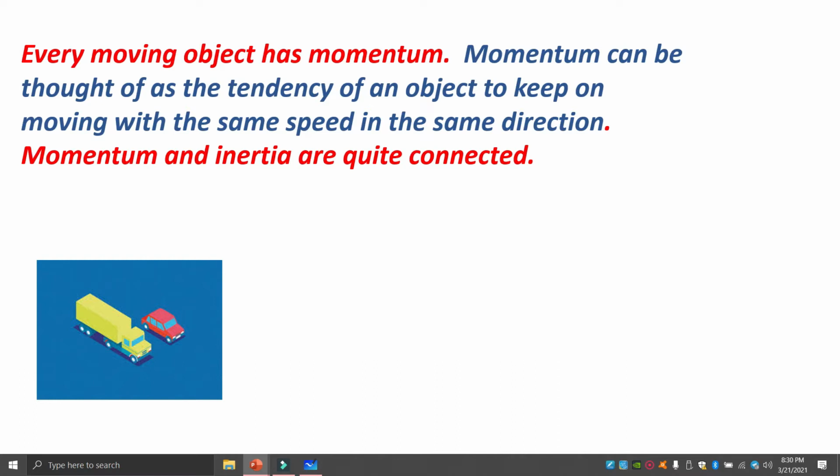High mass, high inertia, and for the momentum, high mass, high momentum. We already know that for a lorry and a car to stop, of course the lorry has more difficulty stopping compared with the car. So what's the difference? The difference is the mass. So momentum and inertia are quite connected.